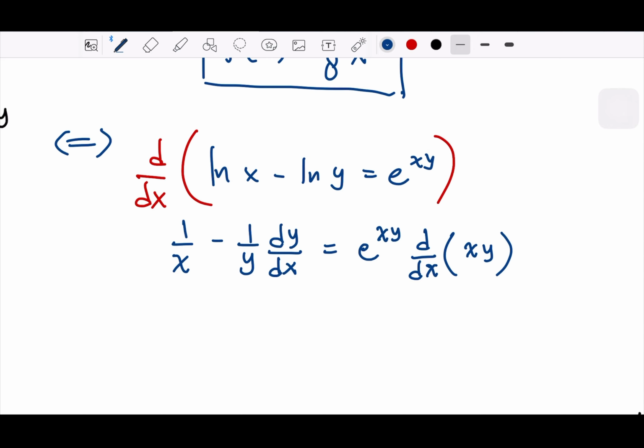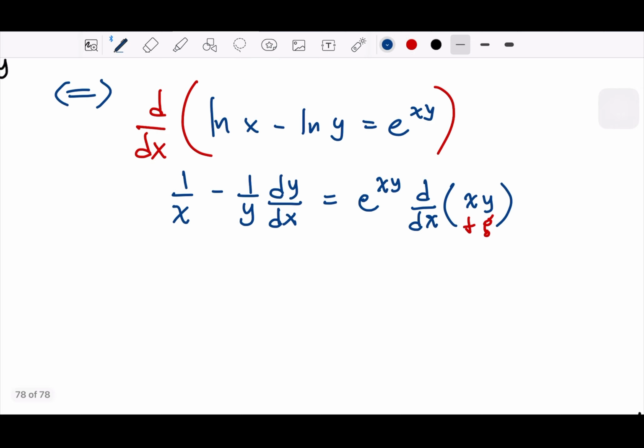And don't forget that since these two are implicitly related, and each one of them is a function, we need to handle this through the product rule. So let's say this is fg.